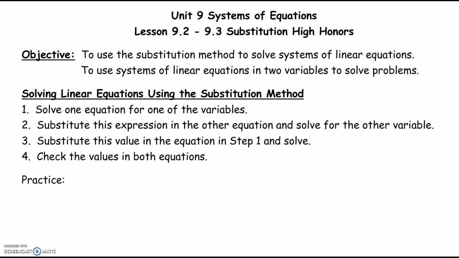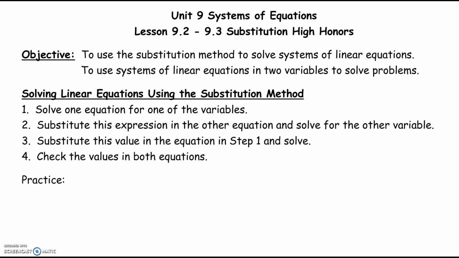When you do that, you'll be able to combine your like terms, simplify, and solve for one of the variables. After you do that, you will then, in step 3, substitute that value back into step 1 and solve, and that will give you the values for both of your variables. You can always check your solutions by substituting each value in for the variable and making sure it is true.